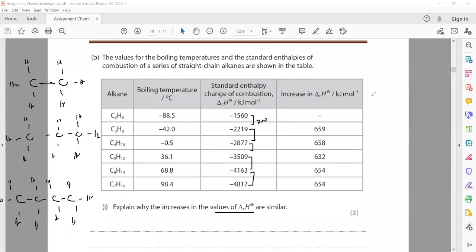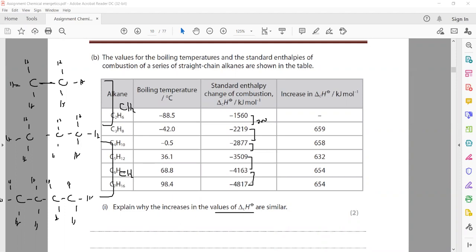Each member differs by CH2. Because we are explaining the reason for the similarity in the enthalpy change of combustion, you will find each member has the same difference of CH2. So the bonds broken and made differ by the same amount between successive members.